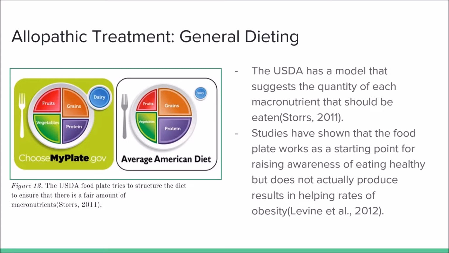However, studies found that this doesn't really work for most people because people's diets need to change depending on the person. It's very effective in raising awareness that healthy eating does need to be focused on, but it doesn't usually produce any results in helping people not be obese.